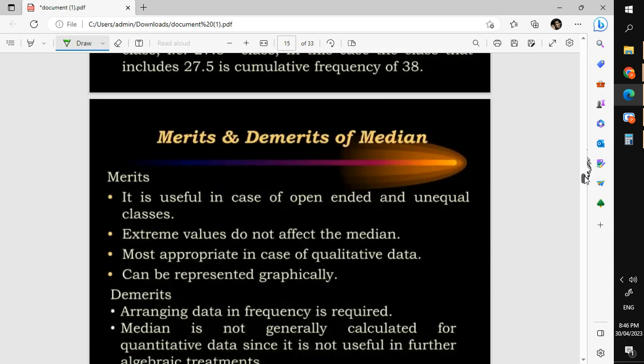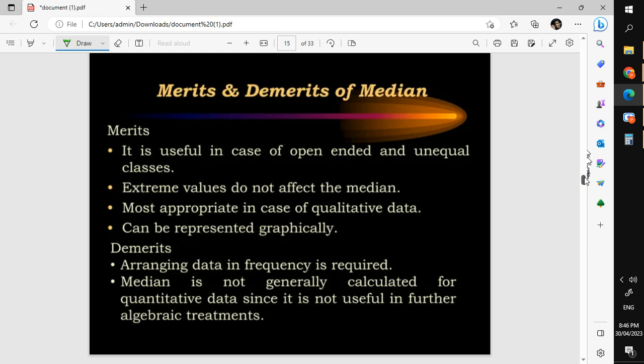Now, what are the advantages or disadvantages of the median? Let's talk first about the advantages. The median is useful in the case of open-ended and unequal classes, just like what we had. Extreme values do not affect the median. For the mean, its value is affected if one datum is much smaller or much bigger compared to the other data.